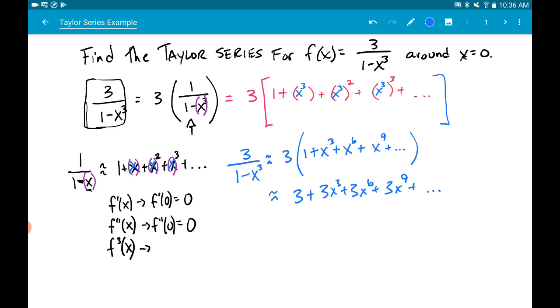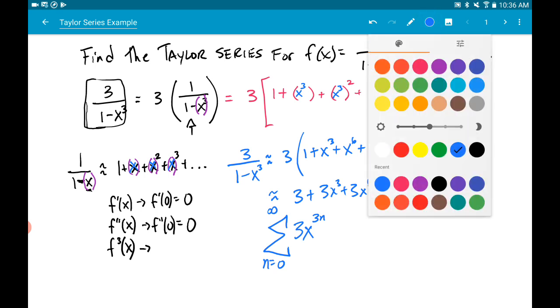And so sometimes you can identify this in sigma notation. As n goes from 0 to infinity, the first term would be 3 times x to the 0th power. But I could also represent it as 3n.